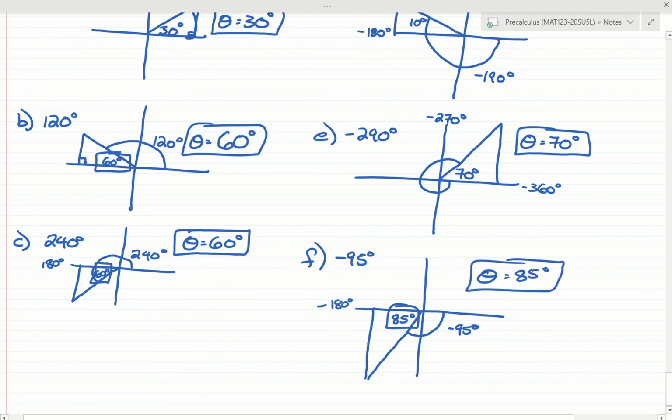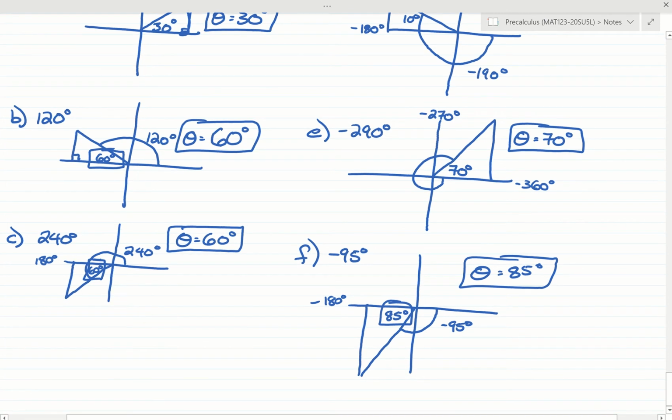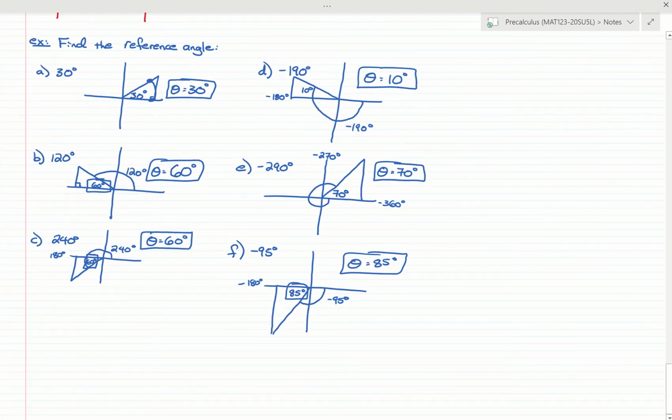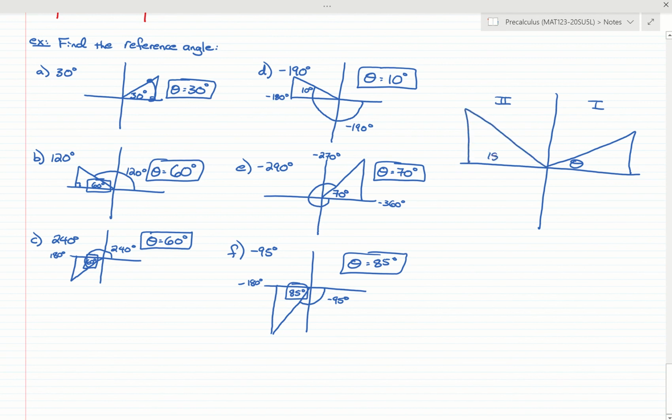Now, I'd rather you figure these problems out using this, but if you would like a formula, it can get a little bit complicated for reference angles. Generally, if we're in the first quadrant, we just figure out whatever the angle is in the first quadrant. It's in quadrant 1. In our second quadrant, we could do 180 minus our angle.